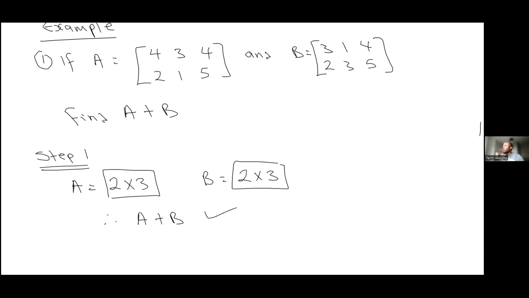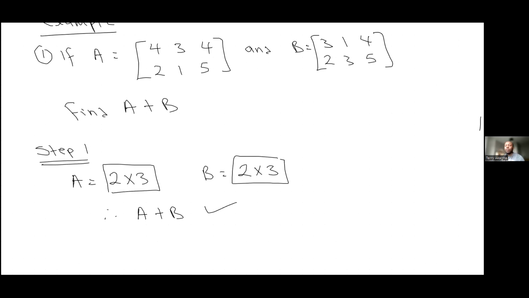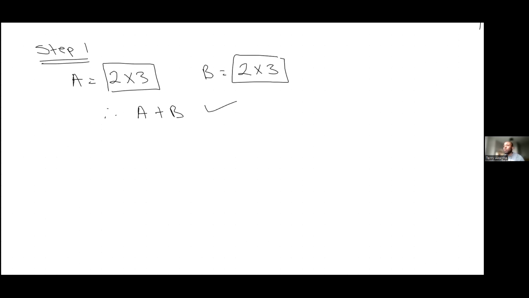So now we can add them together. Step 2, we're going to add them. Let me just write this again so that it'll be easier for me when I scroll down.